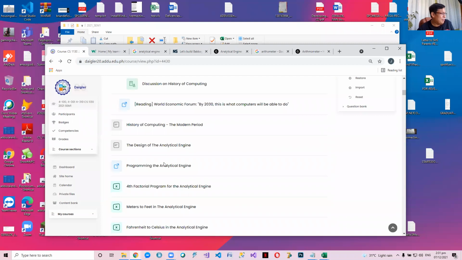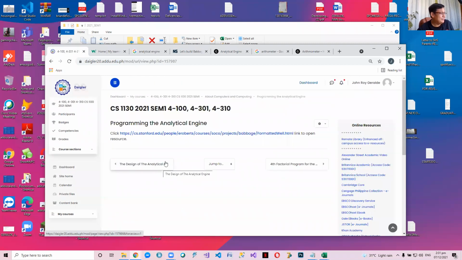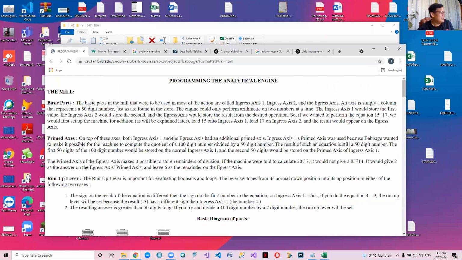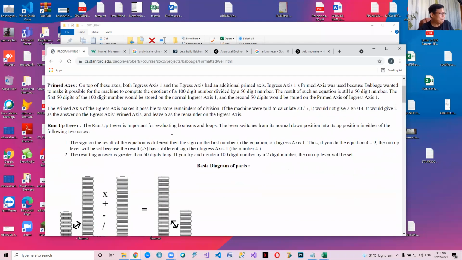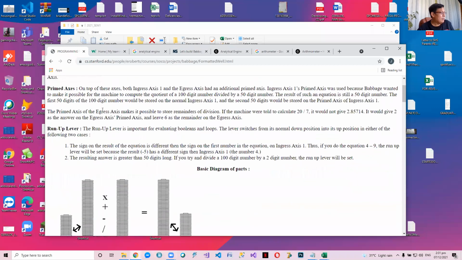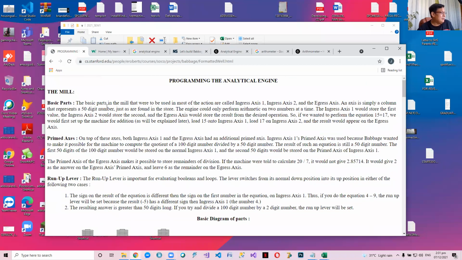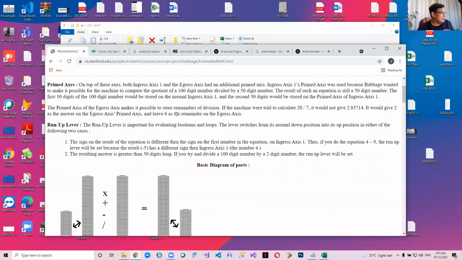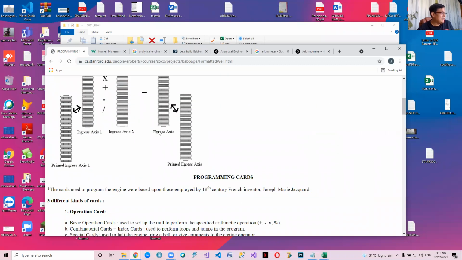Okay, so programming na tayo. I have here a material from Stanford. How do we program the mill or the analytical engine? So ito yon. So merong levers.